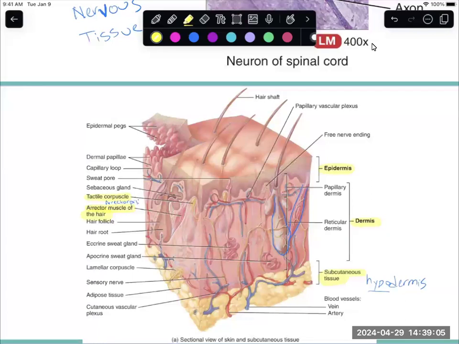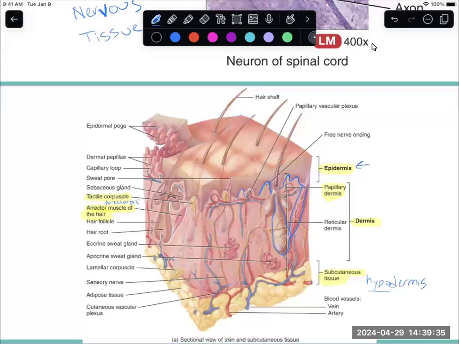So within this papillary dermis here, the dermal papilla is where this dermal tissue goes up into that epidermis. It's the parts of this connective tissue, everything that's happening, going up higher into the epidermis. Why? Because epithelial tissue does not have a direct blood supply.